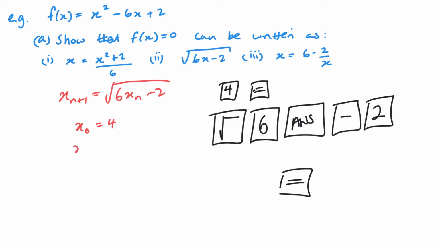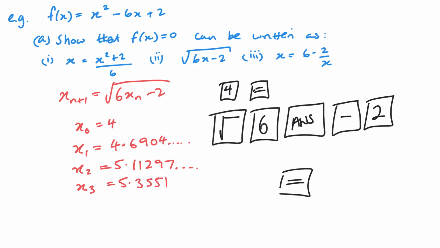So in this one, I've got x1 is 4.6904. I don't need to write too many values here. x2, you can see how quickly it is now as I've got it set up. x3, and some might be asking me, do you need to write down all of these values?